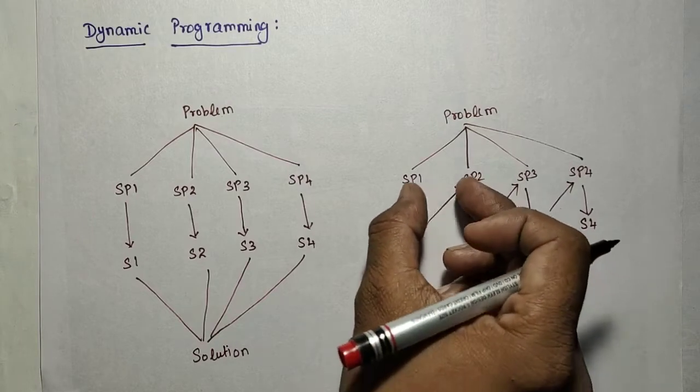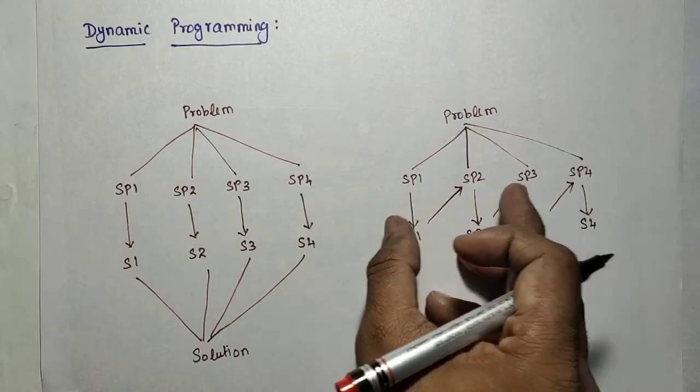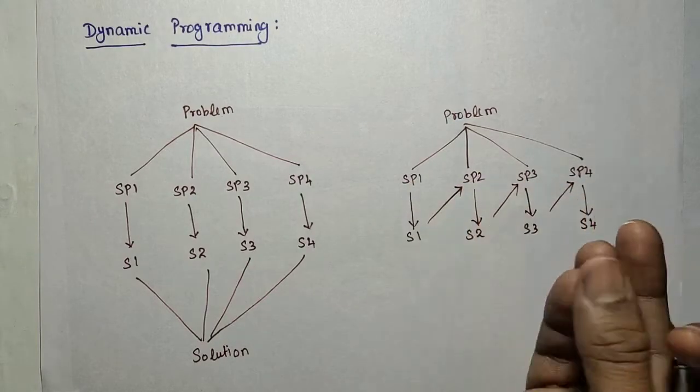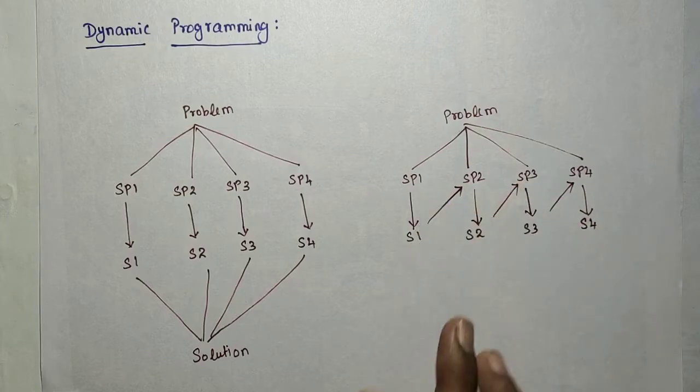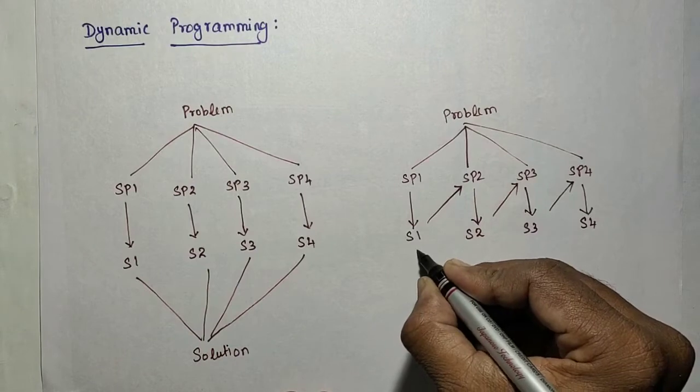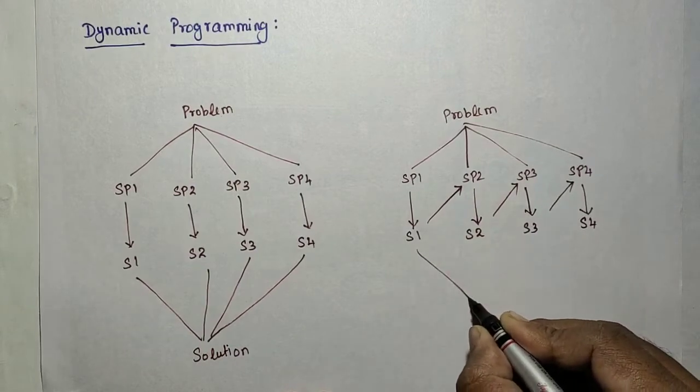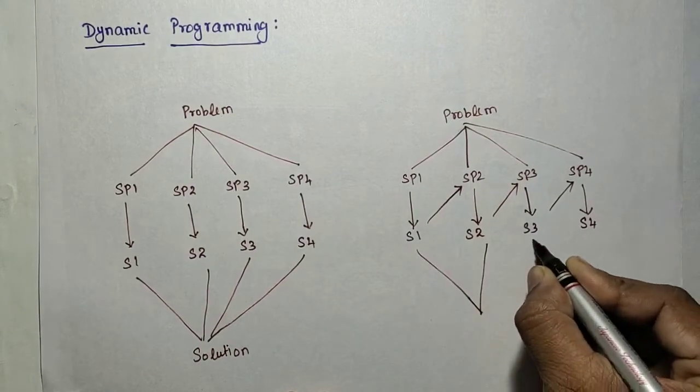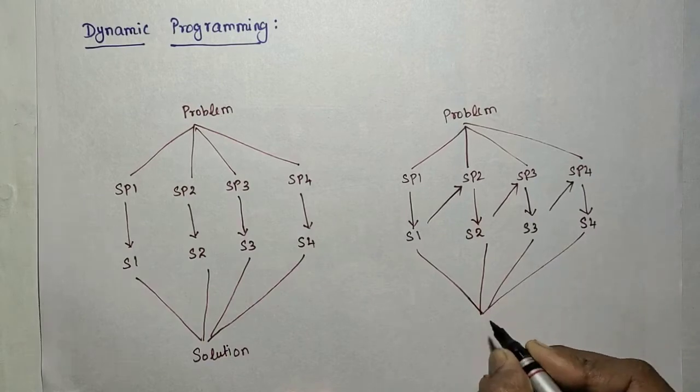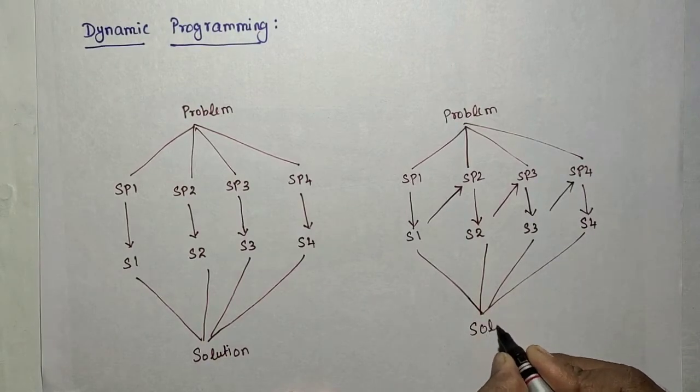Only if the subproblems depend on each other, meaning when the subproblems overlap, can we apply dynamic programming. Finally, all these solutions are combined to get the solution to the main problem.